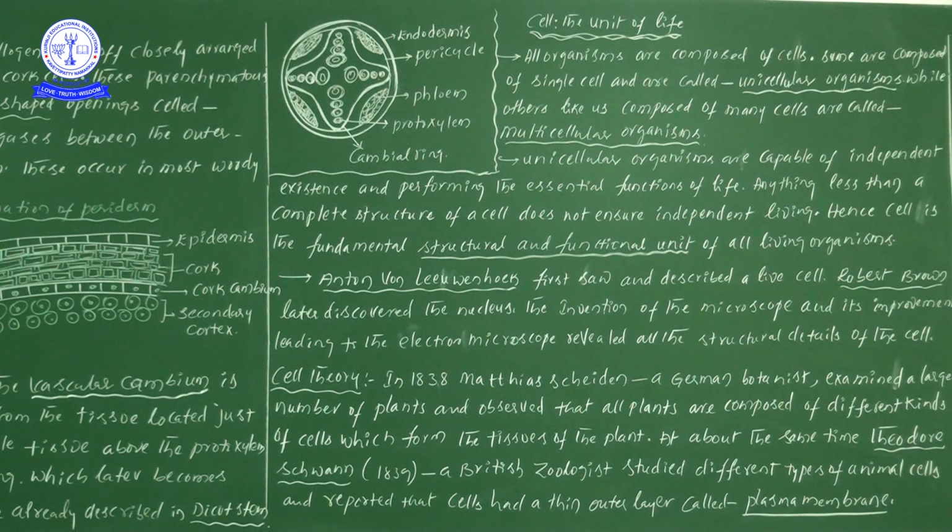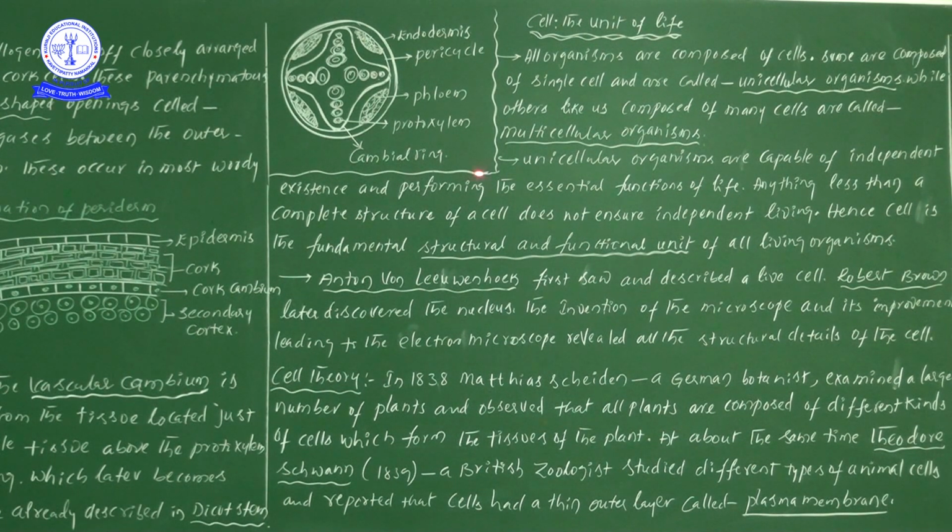Even though a single cell is present in the body of the organism, that single cell is capable of doing all the metabolic activities. I hope you understood my intention. Unicellular organisms are capable of independent existence, so no need to depend on any other organisms present beside them.